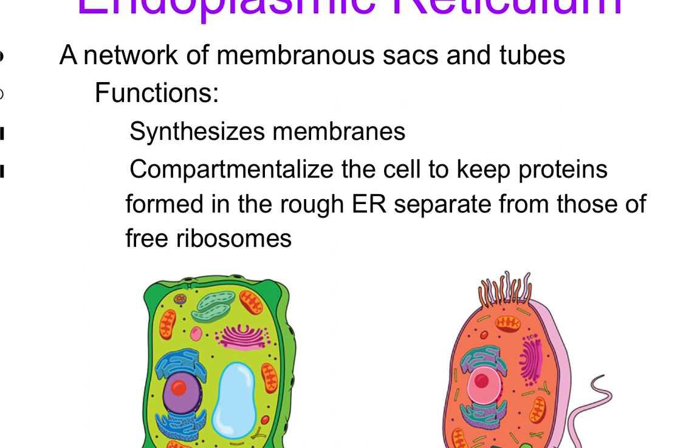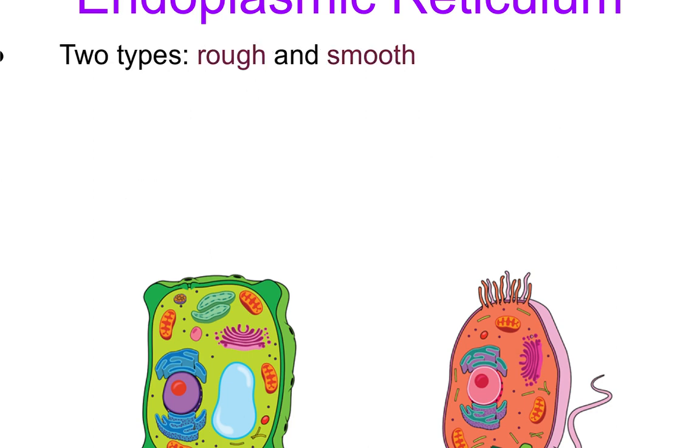Fascinating thing is that it does look extremely similar in both plant and animal cells. But this network of flattened sac-like structures, what you have to understand is that they're continuous throughout the nuclear membrane, and of course they can be smooth and not having the ribosomes attached to it, or what we call rough because they have the ribosomes attached to it. So yes, it comes in two types, smooth and rough.